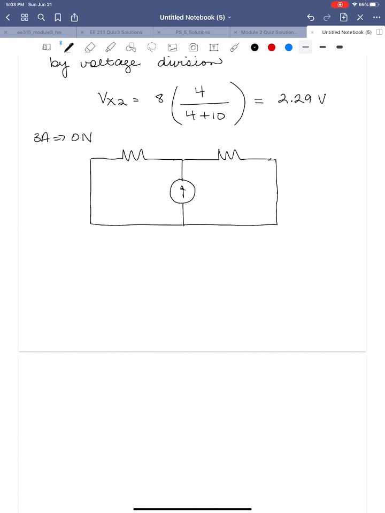So this is 4 ohms. This is 10 ohms. This is 3 amps. This is Vx3, the third part of the voltage Vx. That's a function of just the 3 amp source.